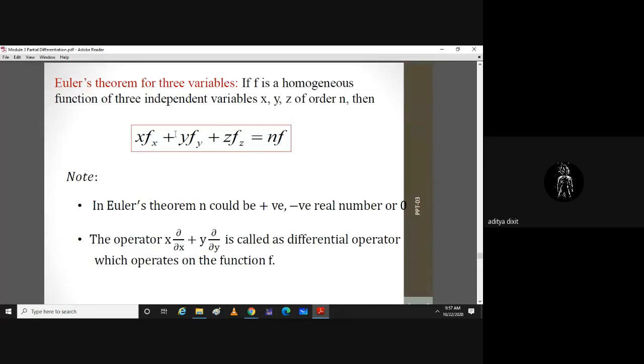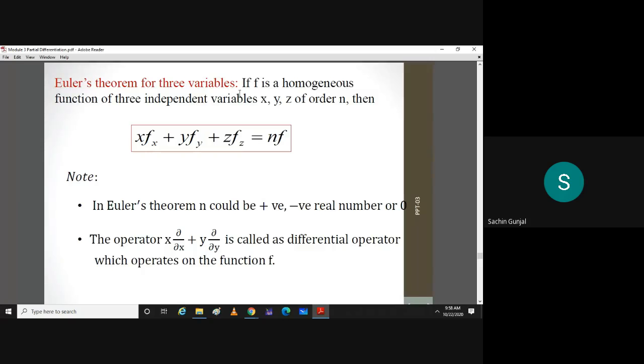So what I was saying is you can generalize Euler's theorem for n number of variables. So in case of 3 variables, if f is a function of x, y, z and its degree is n, then x into ∂f/∂x plus y into ∂f/∂y plus z into ∂f/∂z, value of this expression is n into f.